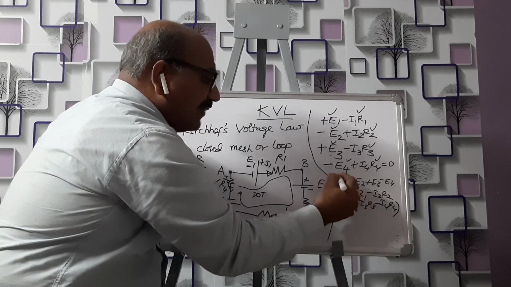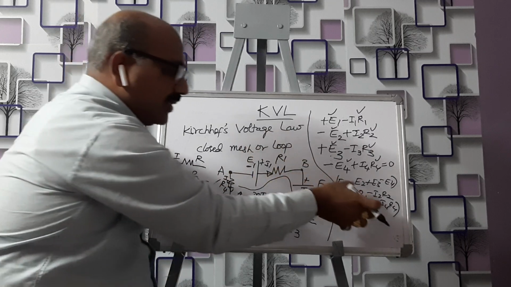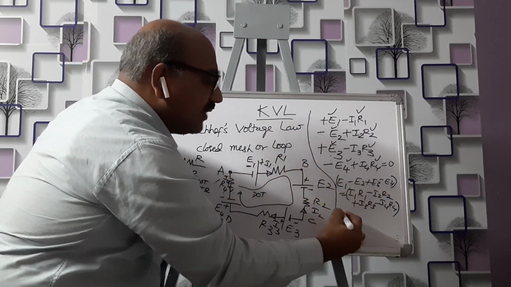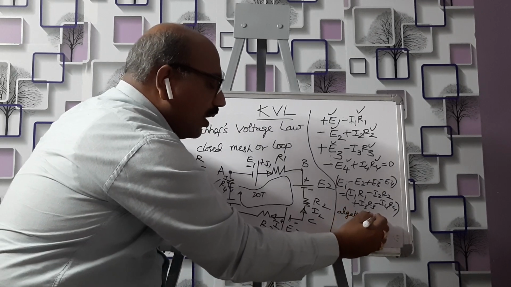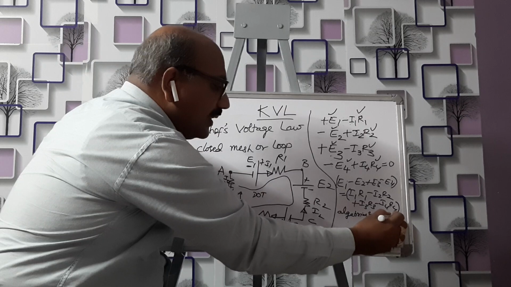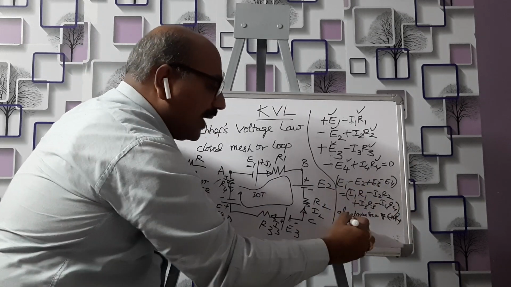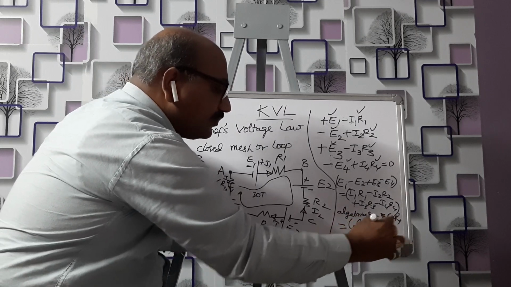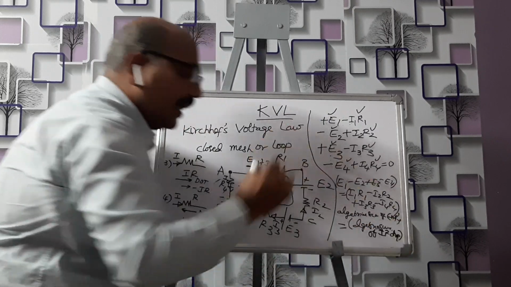Now on the left side are all the EMFs and on the right side are all the IR drops. There are still plus and minus signs, so we write the algebraic sum of EMFs equals, similarly on the right side, the algebraic sum of potential drops, or IR drops.